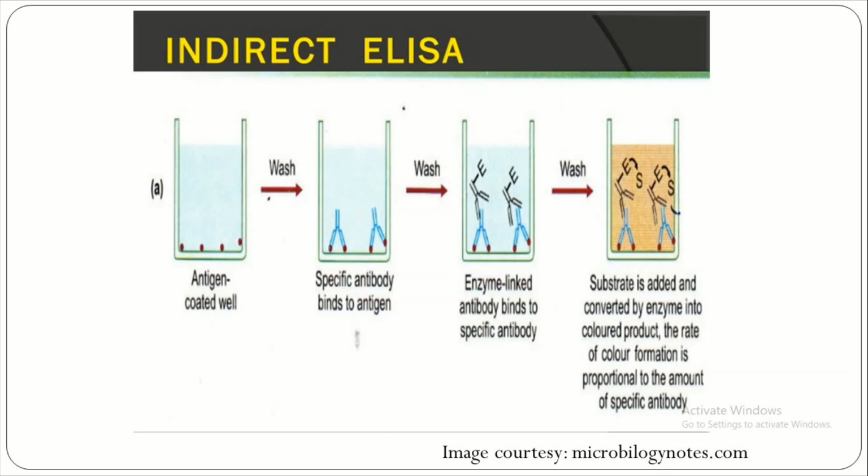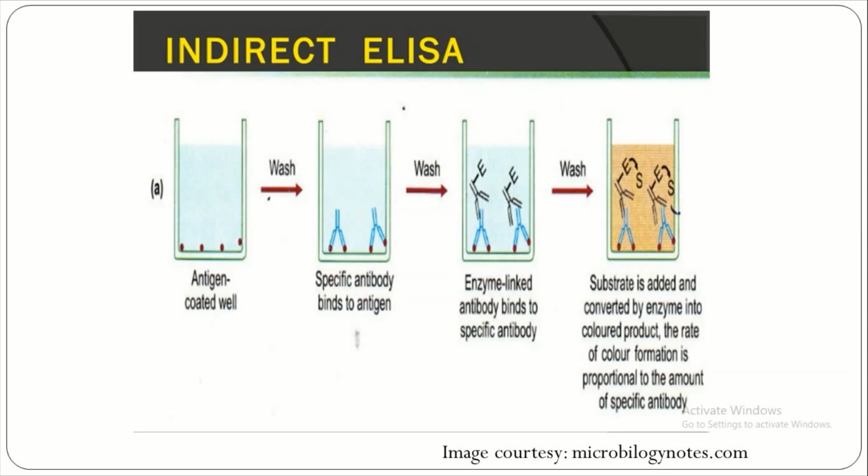In the pictorial representation, you see the first figure. In the first box, the antigen is already coated. Then again you have to wash it. For washing you can use even sodium chloride with a small detergent, like Tween 20, as a washing agent.